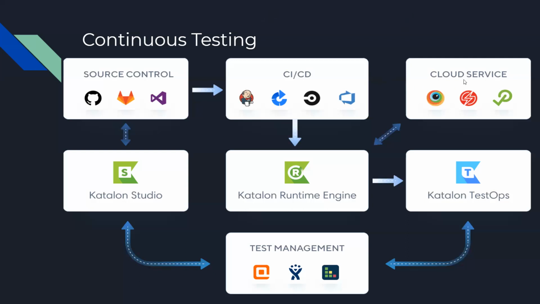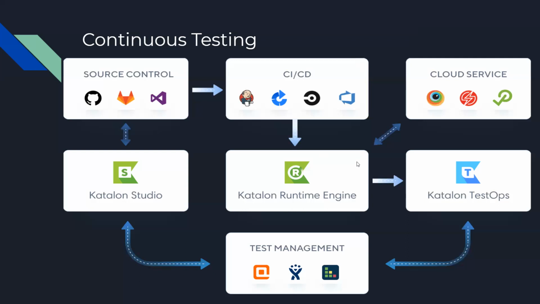Like BrowserStack and Sauce Labs. These are the services which give us different browsers and browser versions on different platforms like Windows, Linux, or other operating systems. So we can run the same script across multiple browsers on the cloud services as well.